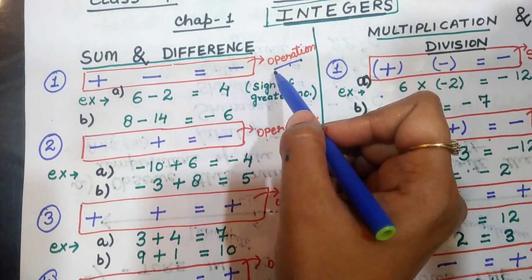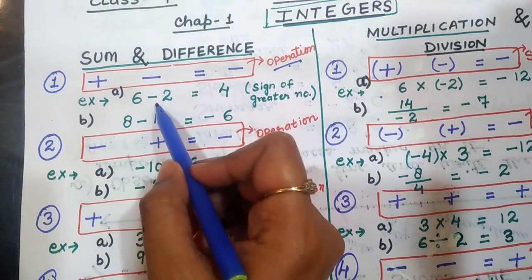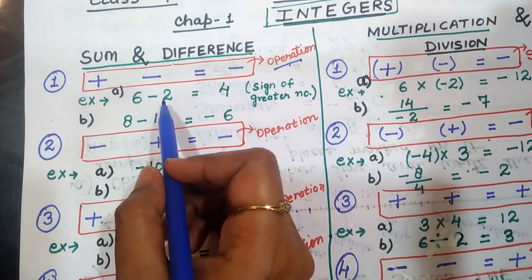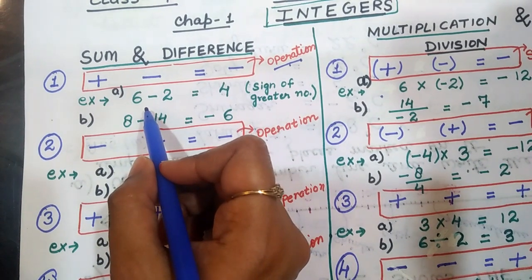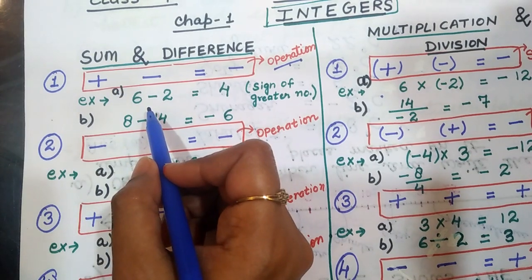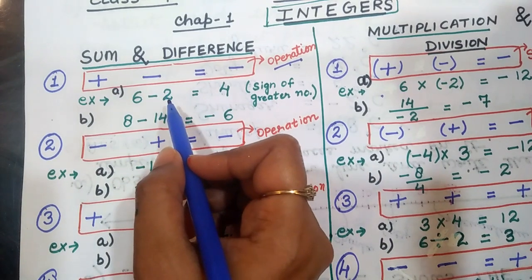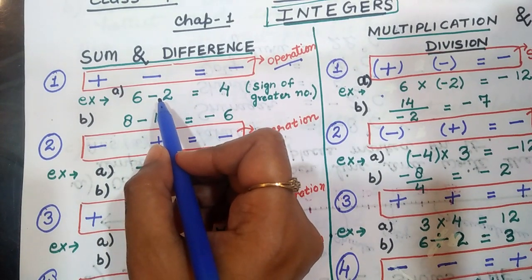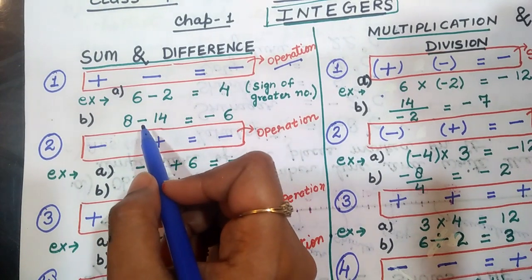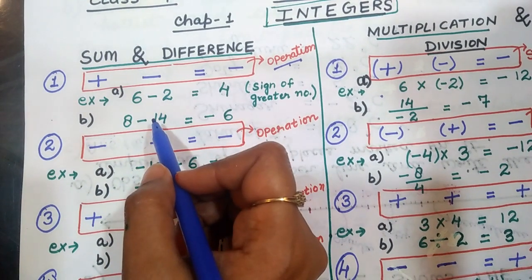Subtraction. When you see two numbers, suppose it is 6 minus 2, just because minus is in between two numbers does not mean that you are going to subtract. No. It does not mean that since the sign between two numbers is minus or plus, you will add them or subtract them.